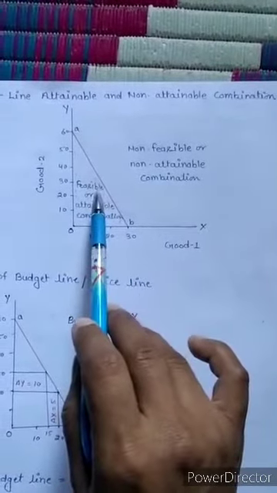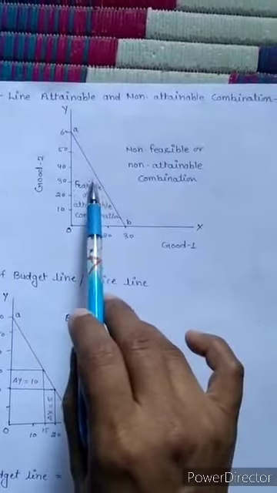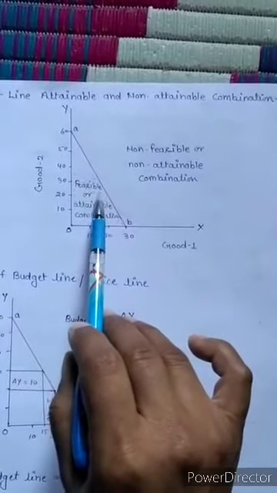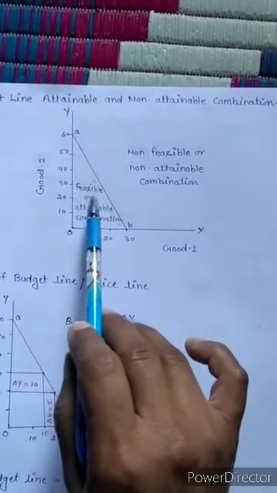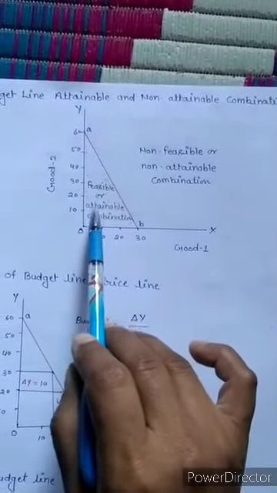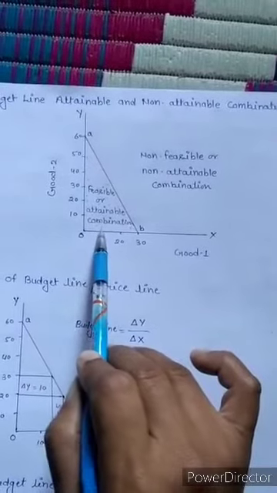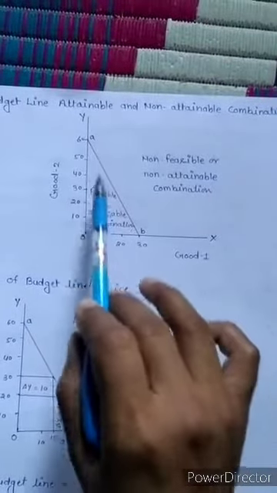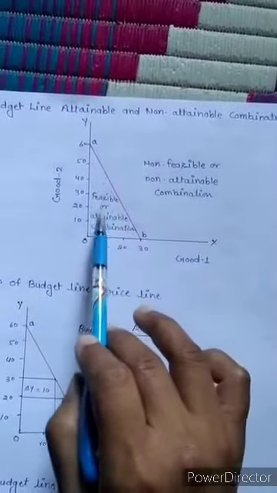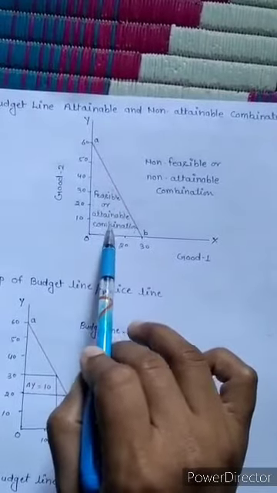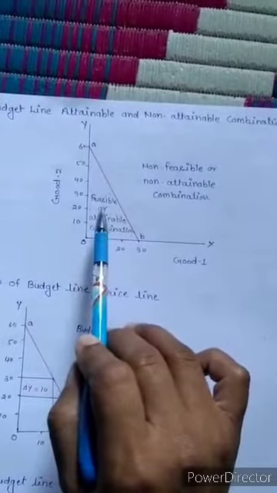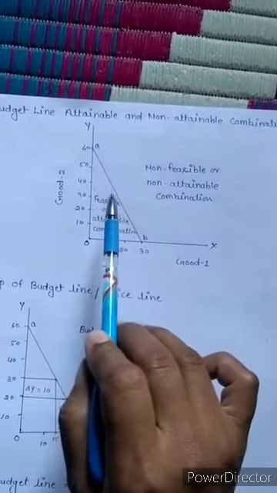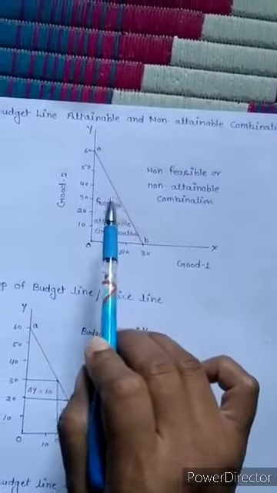And all the combinations which are under the budget line, which are along the budget line, all points are called the feasible or attainable combination, and this region is called the feasible region which consumer can purchase or can afford.